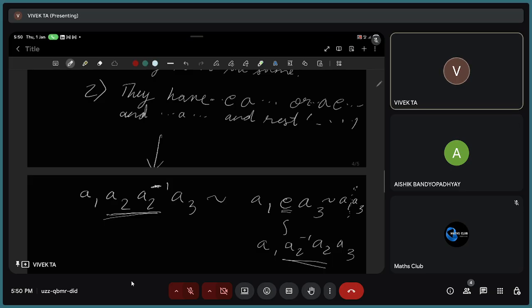So essentially, the rule in the group you want is that AI AI inverse should be equal to E. This is what you want, right? So you put it as an equivalence relation. You say that, okay, these two are related.